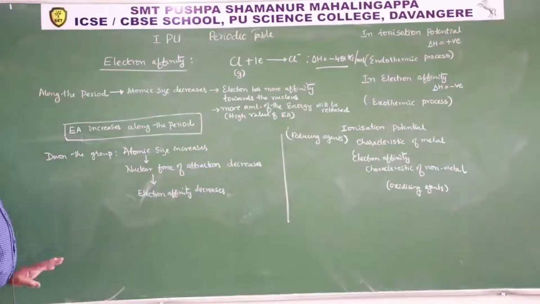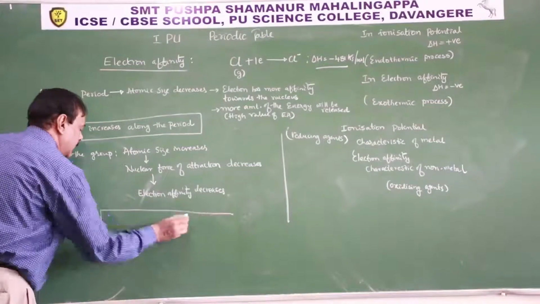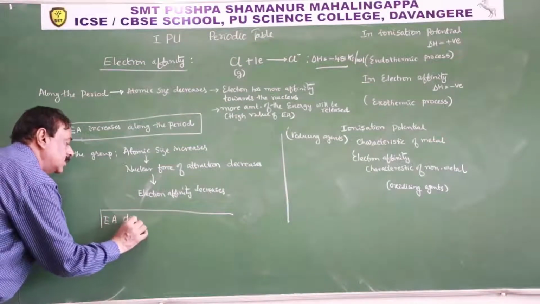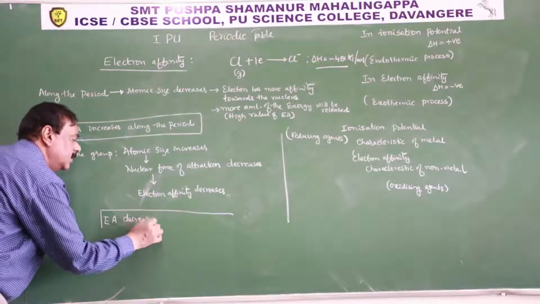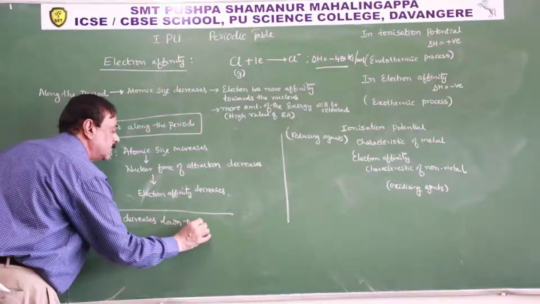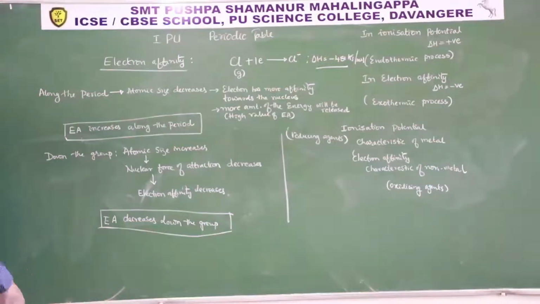Is it clear? Therefore, electron affinity decreases down the group.